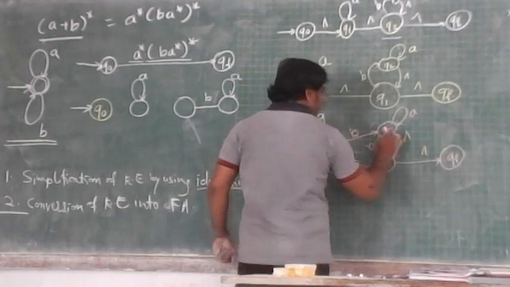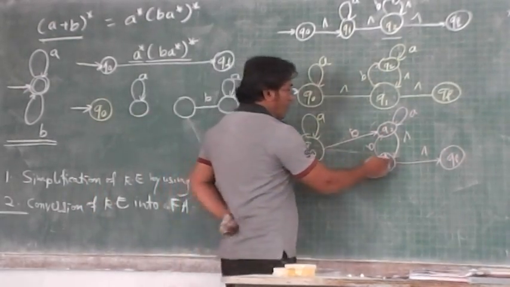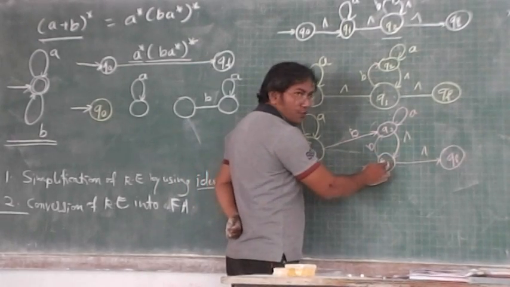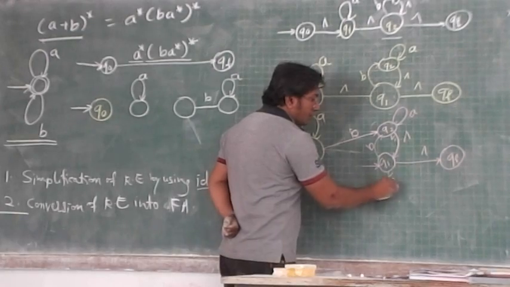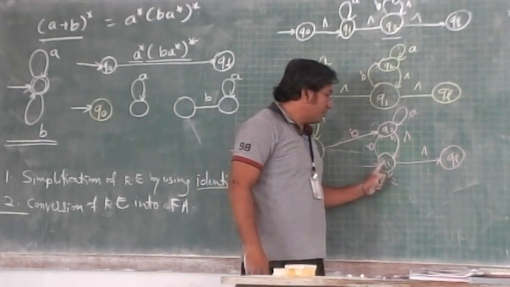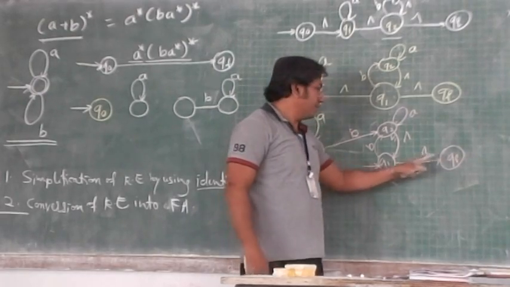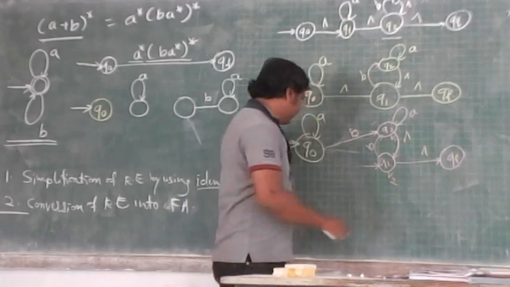To remove this null from Q2 to Q1, so outgoing edges from Q1 means this is V1, this is V2. Find the outgoing transition from V2, that is what? V1 to QF, that you copy from Q2 to QF.